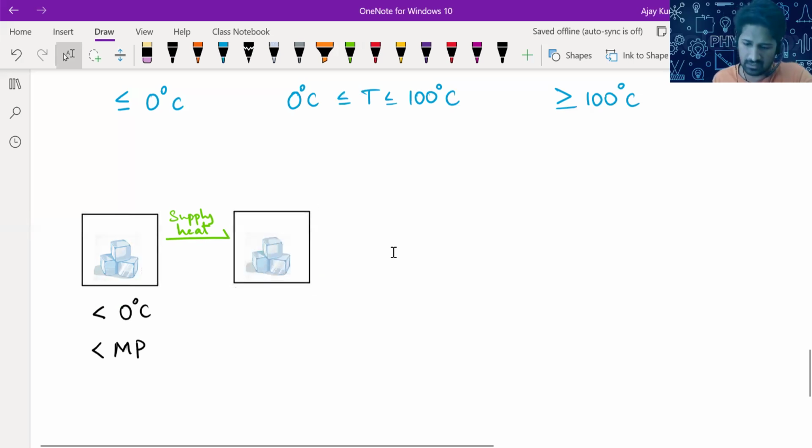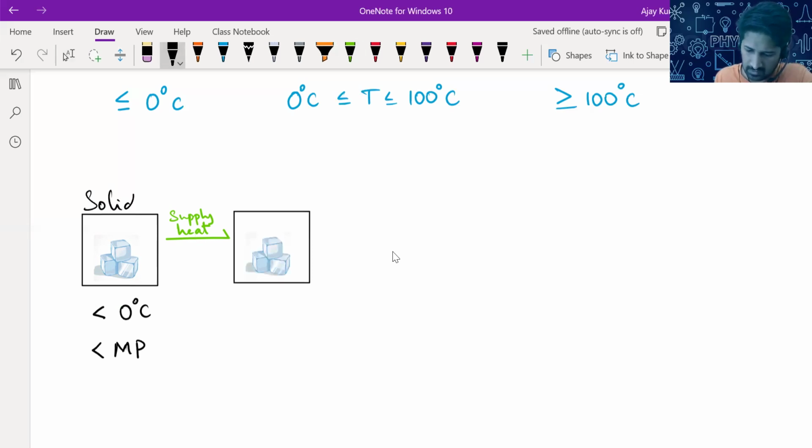Initially it was in solid state, and till the temperature becomes equal to the melting point temperature, it will stay in solid state itself. You can do the reverse also. If the solid is at the melting point and you remove heat, it will go to a temperature less than the melting point. That's all.